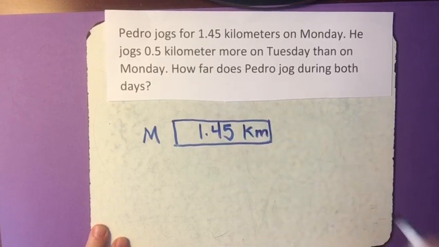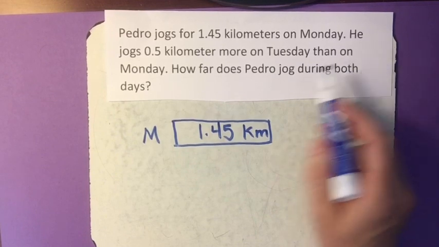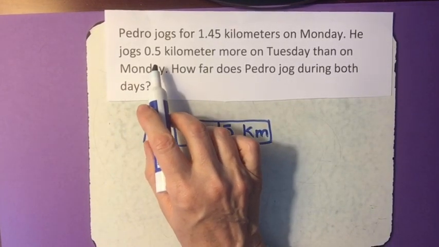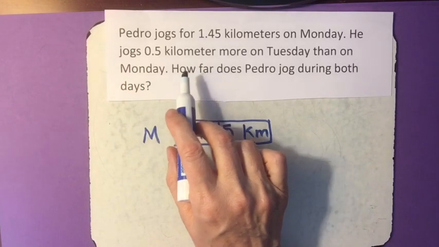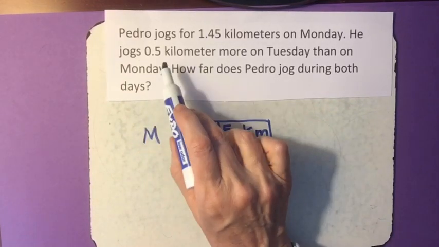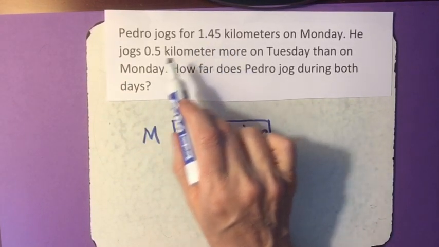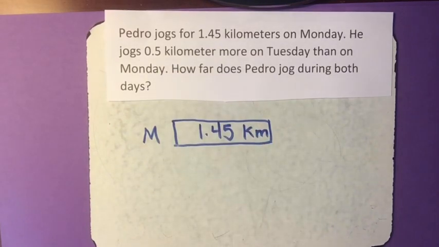Right? Now the tricky part on this question is a lot of people would say he jogs 5/10 of a kilometer more on Tuesday than on Monday, so they add up 1 45 hundredths plus 5/10 and get their answer.